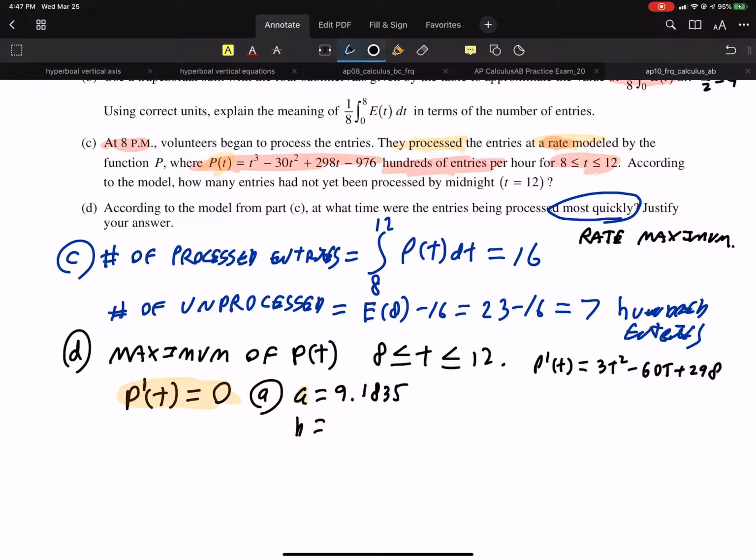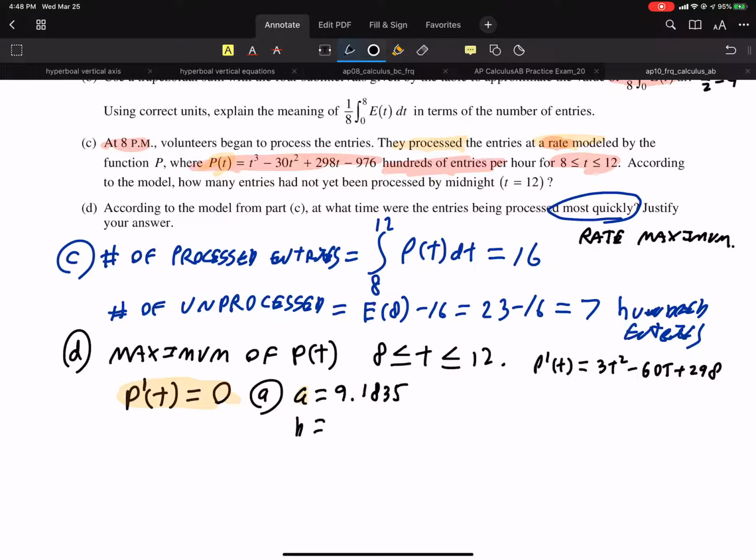So I go to my home screen, second mode, which gives me quit. X store alpha A. Now that's stored. And I'm going to do that also with the second intersection point. So second calc zero again.